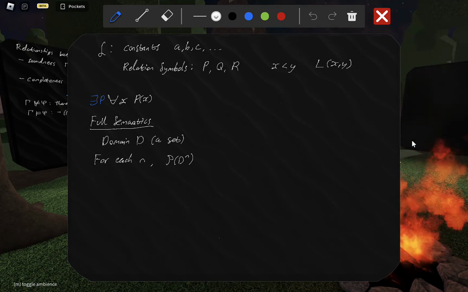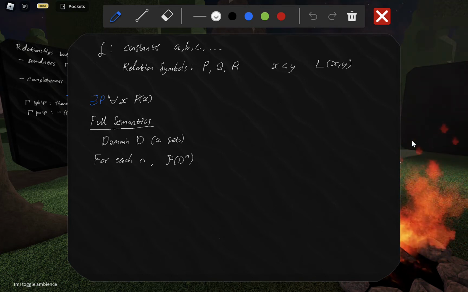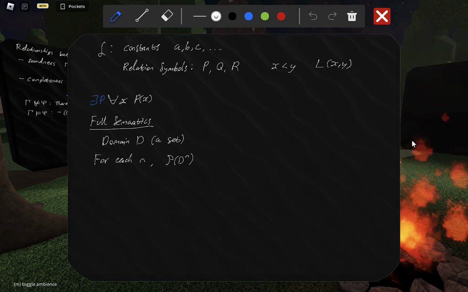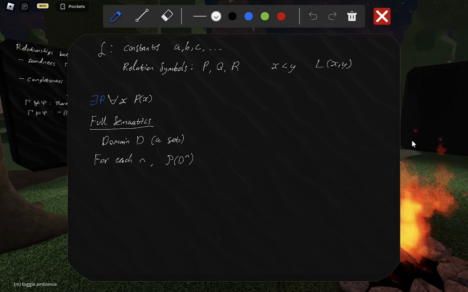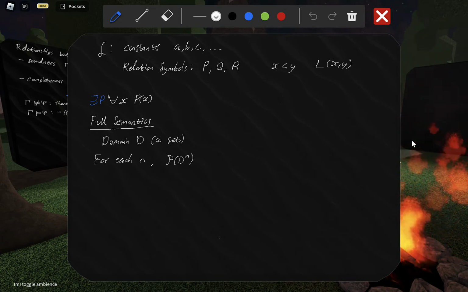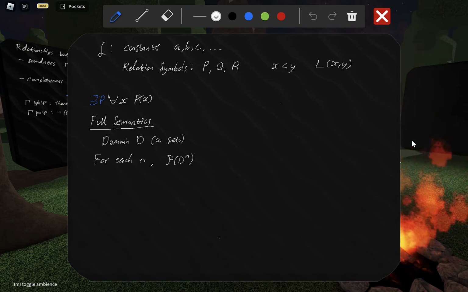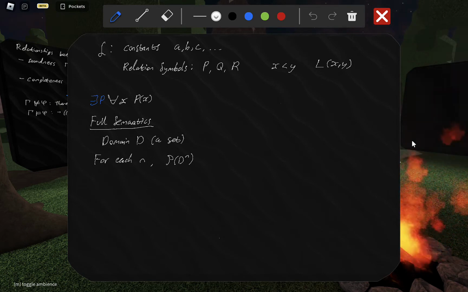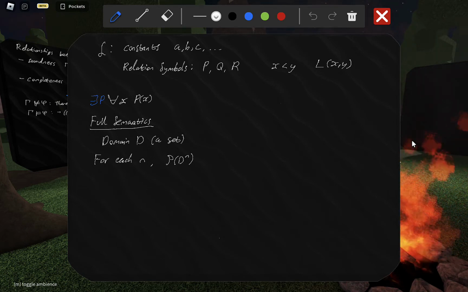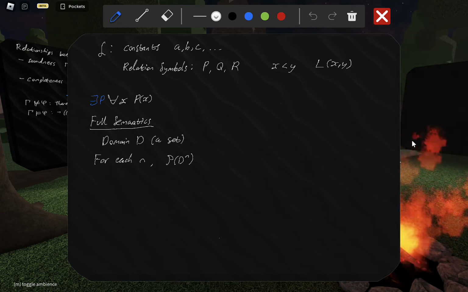So in the full semantics, when you specify a domain, the domain of predicates is just every possible predicate on n objects from D. So that's the full semantics.